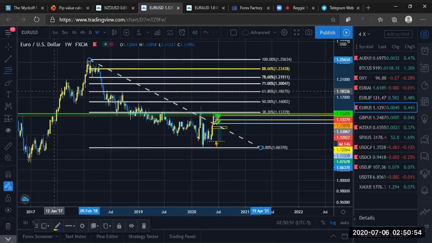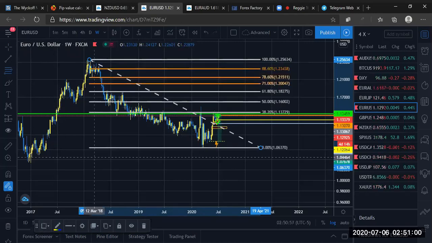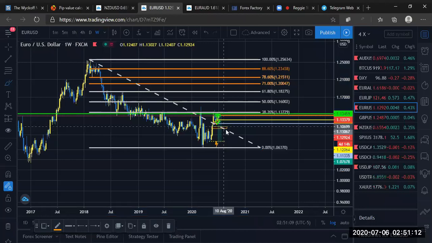Draw it out like here. Yeah, we still never came back up here. And technically, everybody playing in that 618 area, and this is a weekly chart, wouldn't be surprised if we see a little down pressure, then a little up move, play around the 618, and then take off to the upside again.